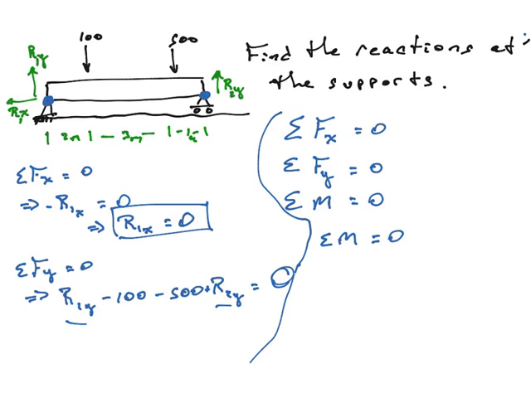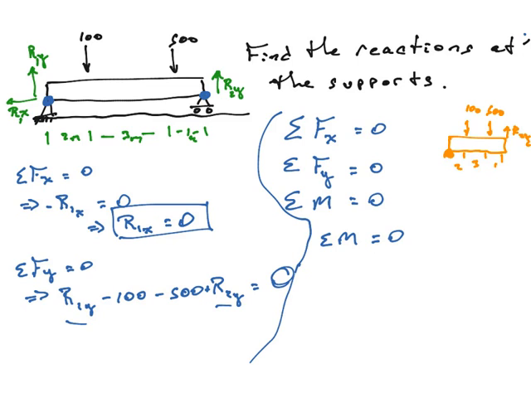So if that's the point of rotation, then what do I have? I've got this as my little problem to find the moments. Here we go. Here's the point of rotation. I've got 100 here, 500 here, and I've got a reaction force here called R2y. What do I know? This is 2 meters, 3 meters, 1 meter.